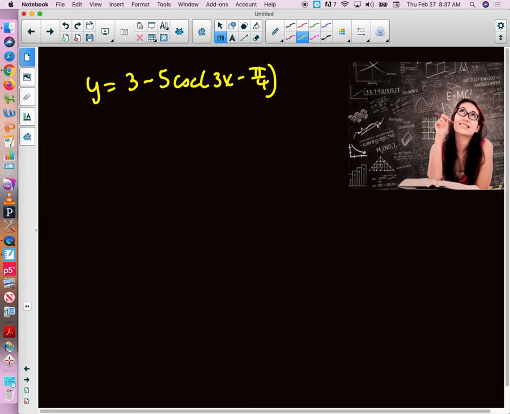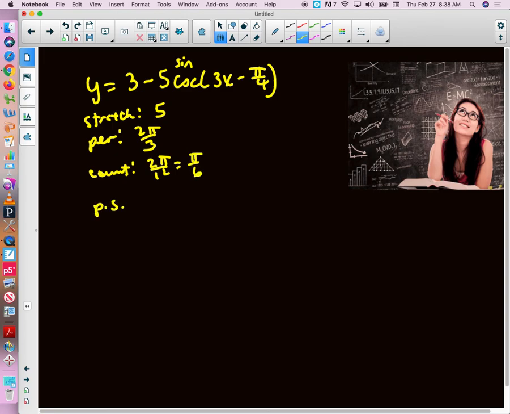All right, cosecant's the reciprocal of sine, and so I'm going to say the stretch doesn't really have amplitude, it is 5. The period is 2 pi over 3. My count is 2 pi over 12 or pi over 6.